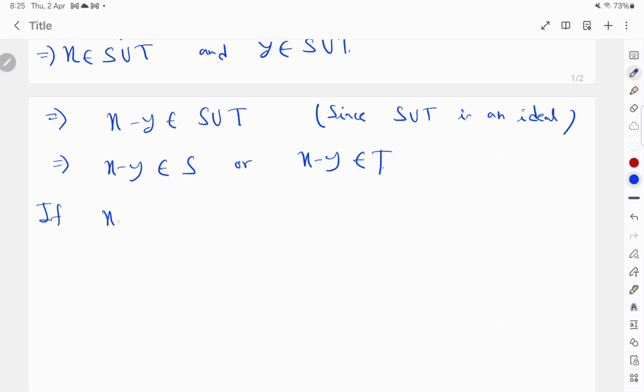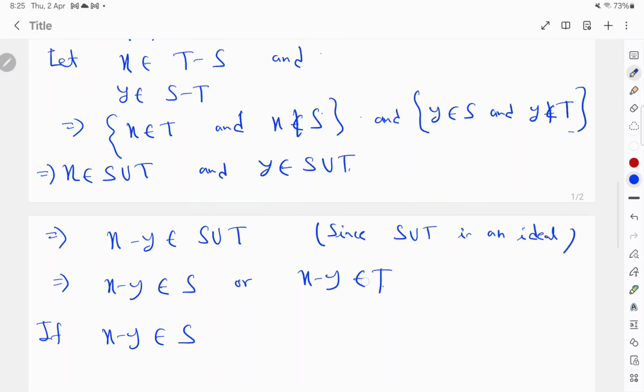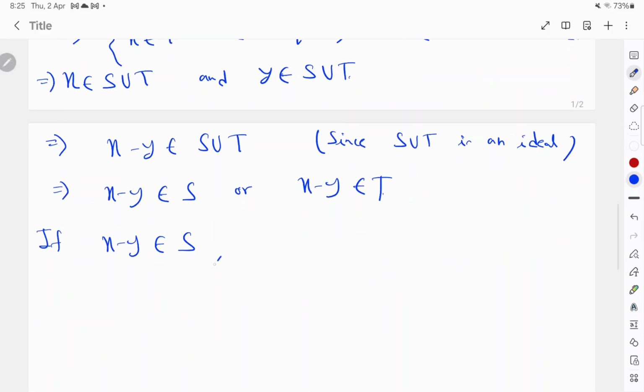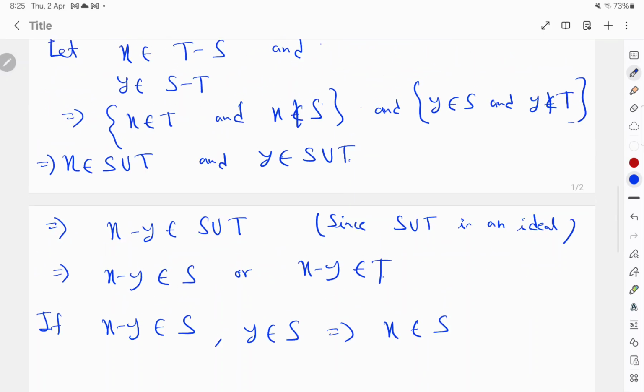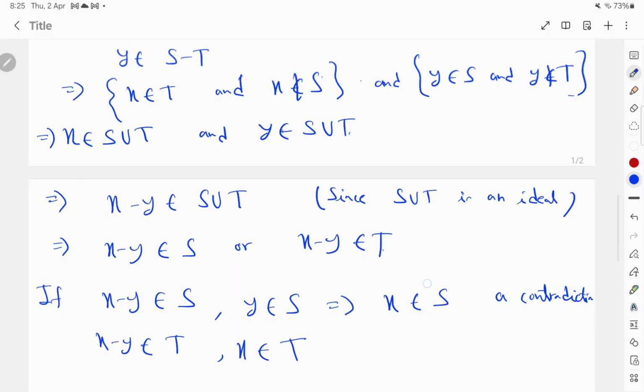Now if X minus Y belongs to S, and Y belongs to S, right? So if you add these two, you can say X belongs to S, right? But X does not belong to S, so a contradiction. Similarly, if X minus Y belongs to T and X belongs to T, right?